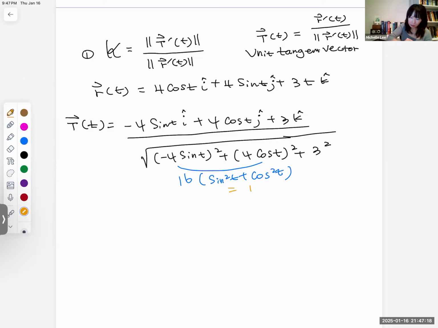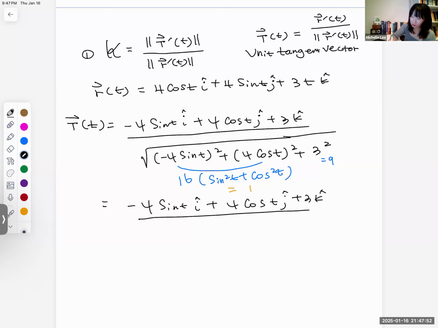And then that's 9, right? So which is 25. So there will be negative 4 sine t i hat plus 4 cosine t j hat plus 3k hat, and the denominator has 5. So we get 16 plus 9, 25, which is 5. Yeah.